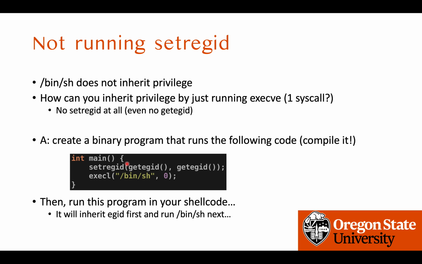Then it will inherit the privilege first, and then run /bin/sh next. So all requirements are fulfilled. This is very helpful for reducing additional system call steps in alphanumeric shellcode, so you only need to call int 0x80, which is CD80 in alphanumeric shellcode, just one time.